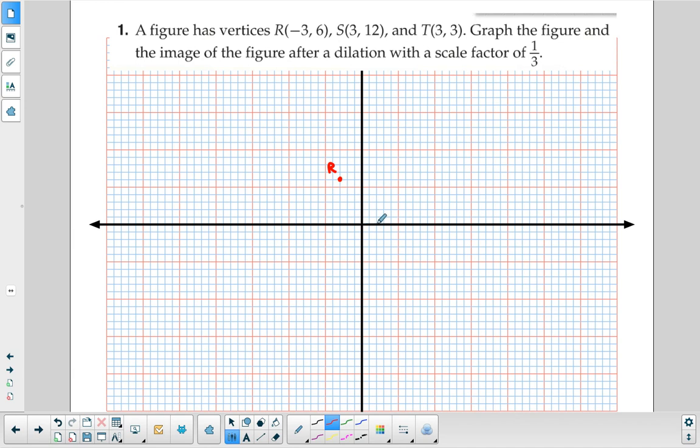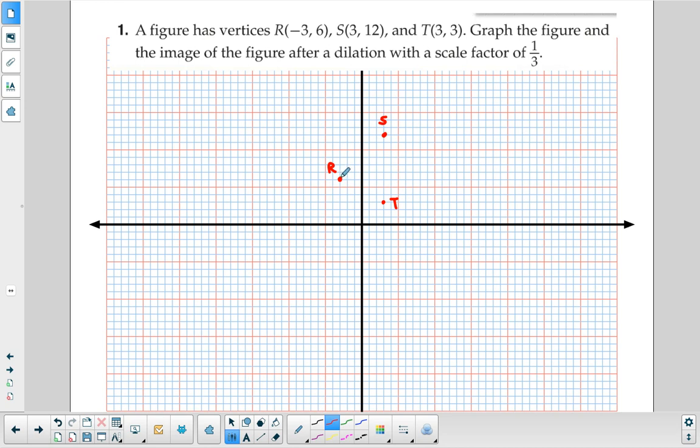So it's going to be 1, 2, 3, and 2, 4, 6, 8, 10, 12. And now we have point T at 3, 3. So 1, 2, 3, 1, 2, 3. So here is T.